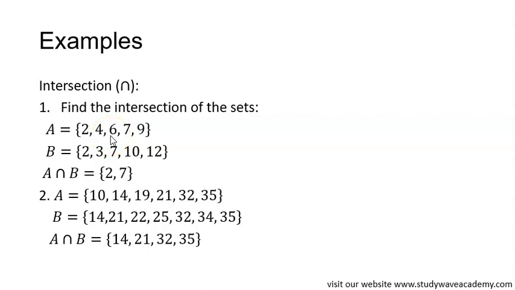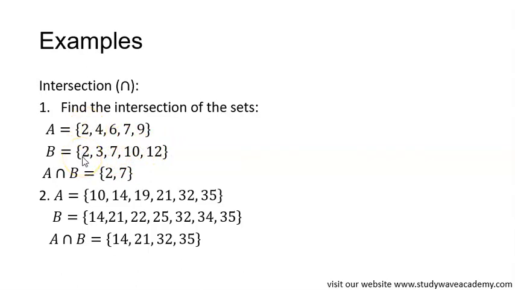Remember, intersection is the common elements in both sets. Here we have numbers, right? So we want the common numbers in both sets. We have 2, 4, 6, 7, 9 in set A, and in set B we have 2, 3, 7, 10, 12, right? Set A has 2 and set B has 2, right?